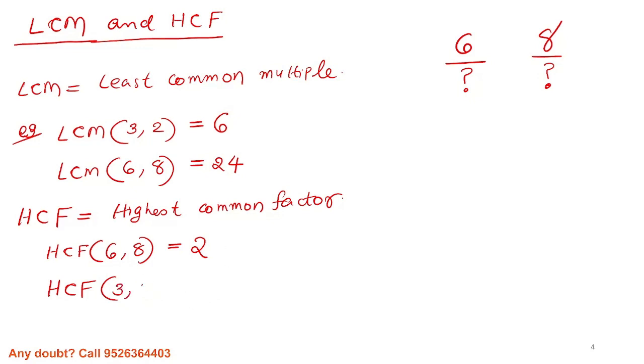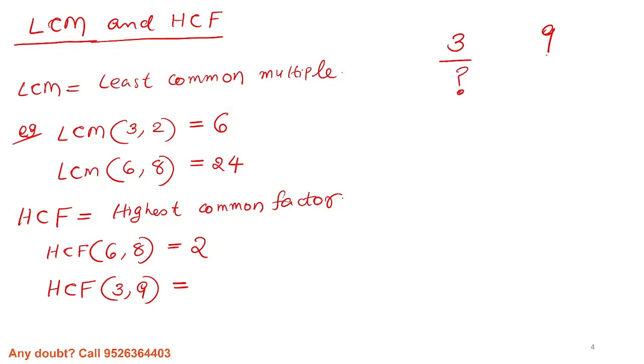HCF of 3 and 9. Anybody, can you tell me what is the HCF of 3 and 9? 3. Lina, you told me the correct answer, right? Yes. Okay. HCF of 3 and 9. If you have any doubt, think like this.